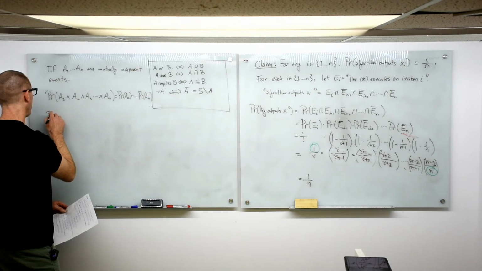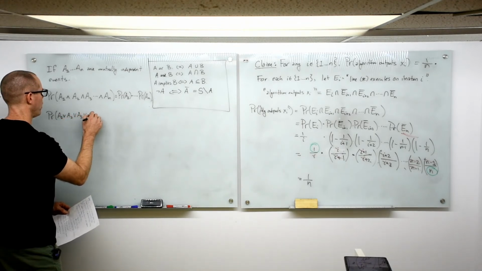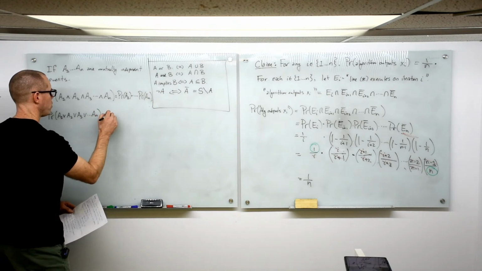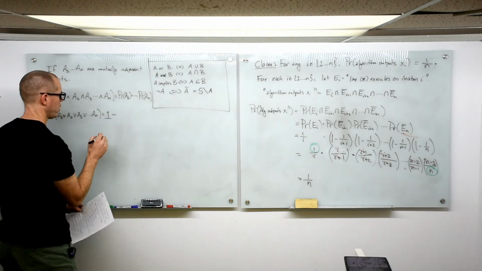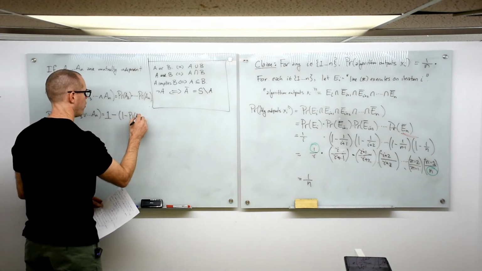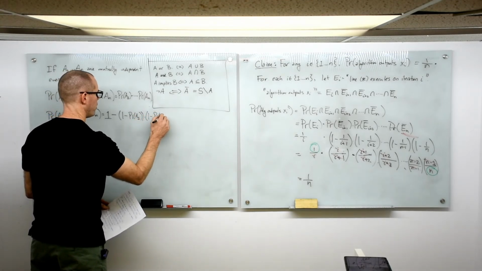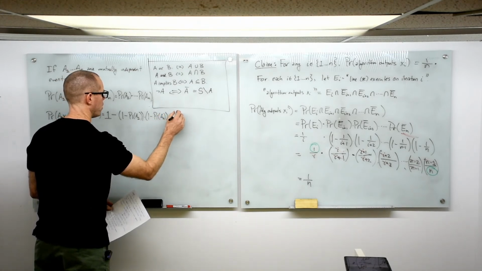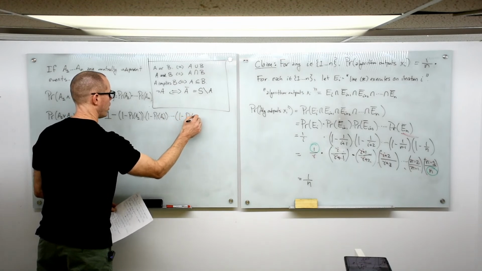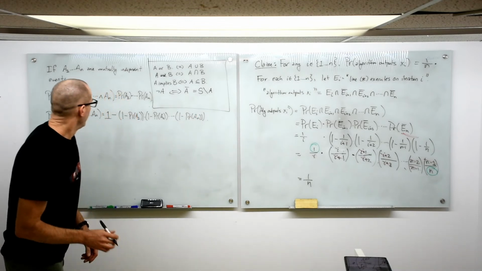And the more complicated one is the probability of A1 or A2 or A3 up to AN is just 1 minus the probability of A1 times 1 minus the probability of A2 times, and so on, 1 minus the probability of AN. Okay?